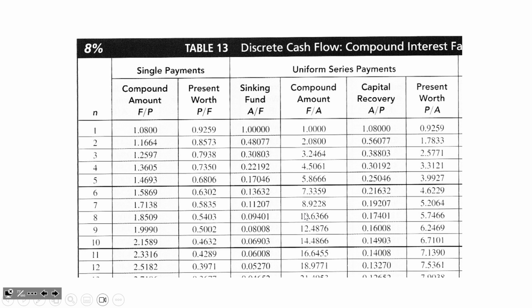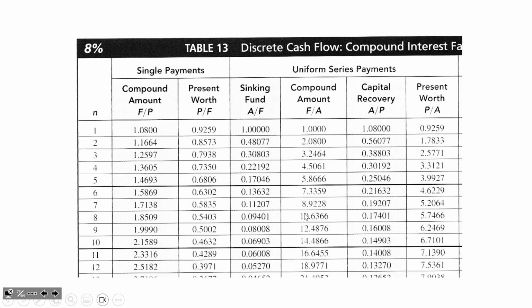So if I was solving a problem and it was given that P was $65,123.45, that's 1, 2, 3, 4, 5, 6, 7 digits in the amount.